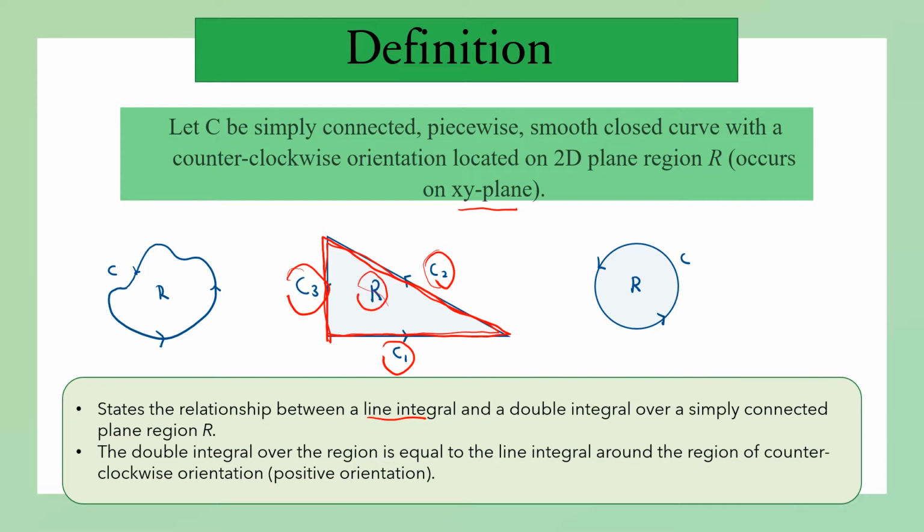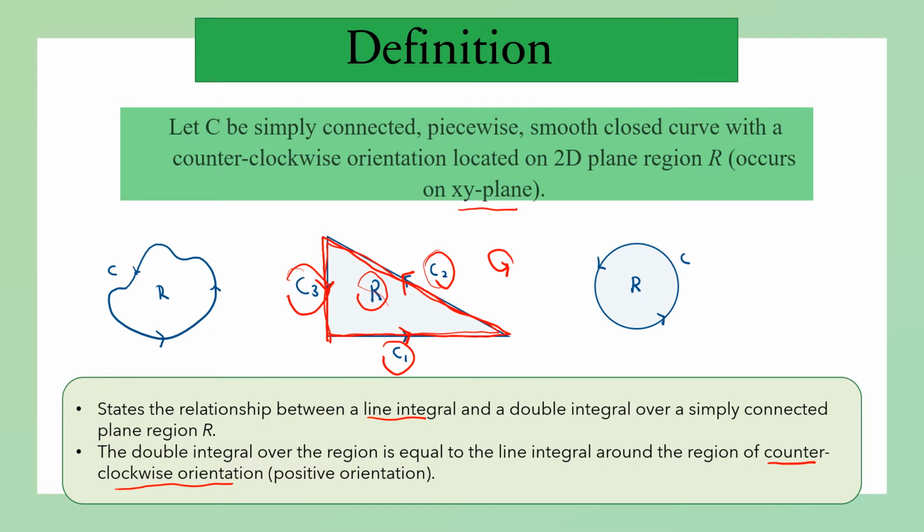You also can see here the arrow. The arrow here is counterclockwise. So to apply Green's theorem, the double integral over the region is equal to the line integral around the region of counterclockwise orientation, which means positive orientation.